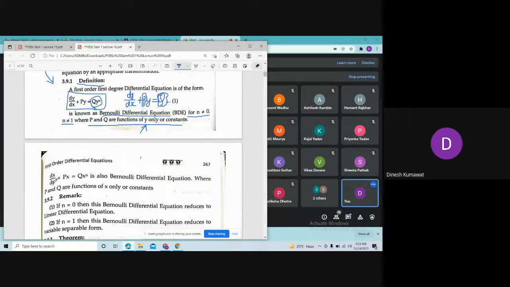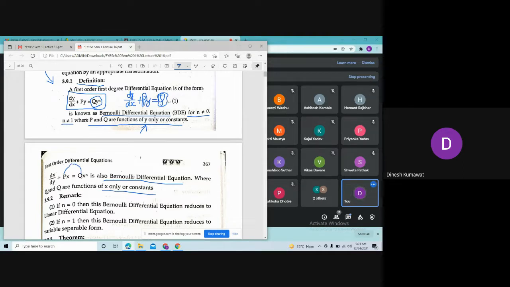Similarly, dx by dy plus px is equals to q into x to the power n is also a Bernoulli's differential equation in the variable x, where p and q are functions of x only or constant. Now again you can see, in the linear differential equation we want these two to be the functions of y only.